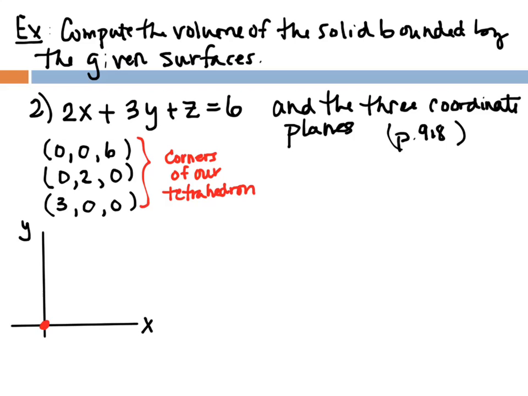We get that one for free. We didn't have to worry with that because that's where the x, y, and z planes intersect. Okay, so where do we hit the x-axis? At 3. Where do we hit the y-axis? At 2. So my two-dimensional shape actually looks like this, right? And it is a triangular base, just like Nathan said earlier.